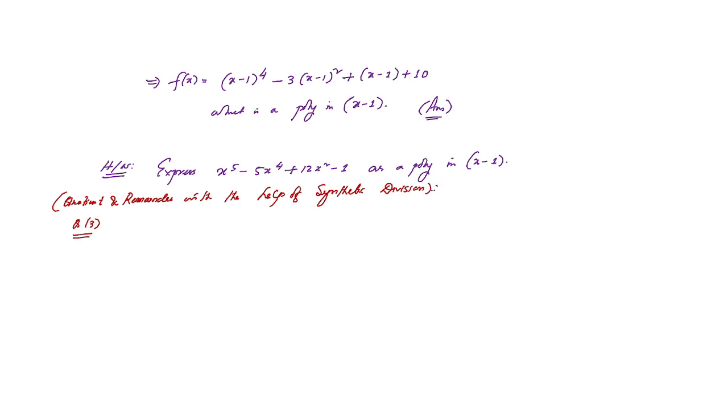How you will find the quotient and remainder with the help of synthetic division. So now the question is, this is the question. This I have taken from exercise 4, SK Mapa book, Classical Algebra.